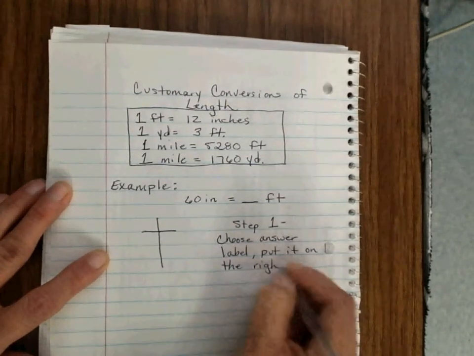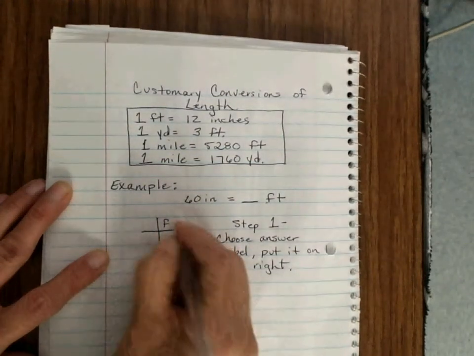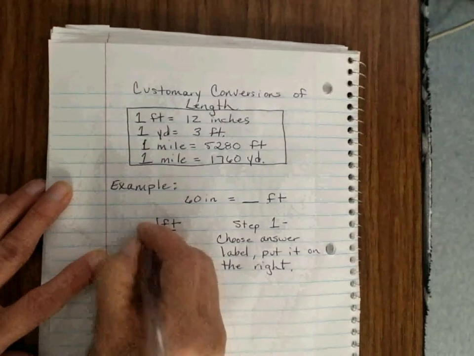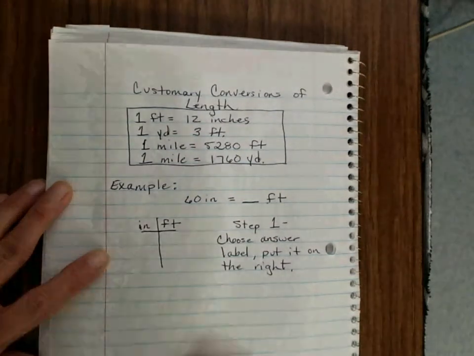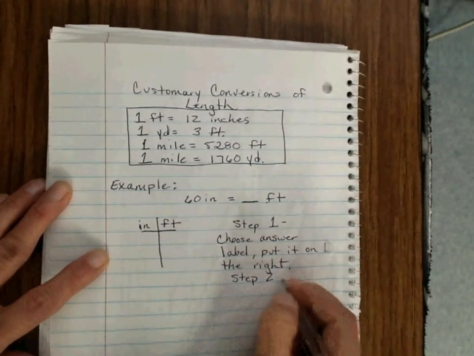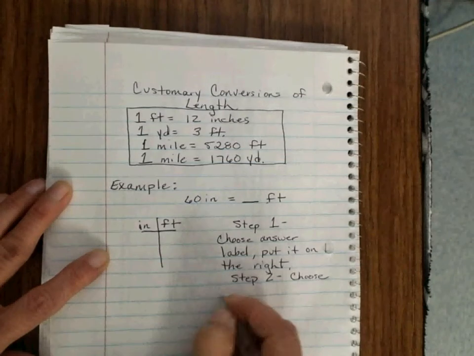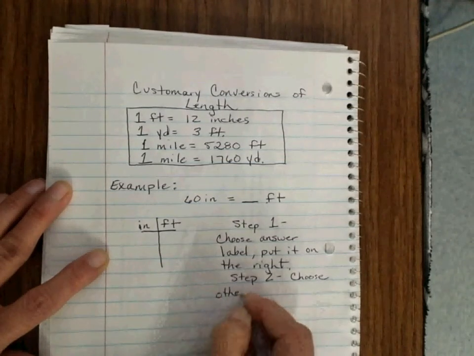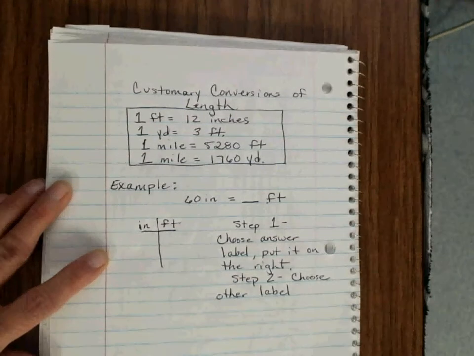In this case our answer label is feet, so on the right I'm going to write feet, and I'm converting inches. So that was step 2, choose other label, which is inches, and it goes on the left.